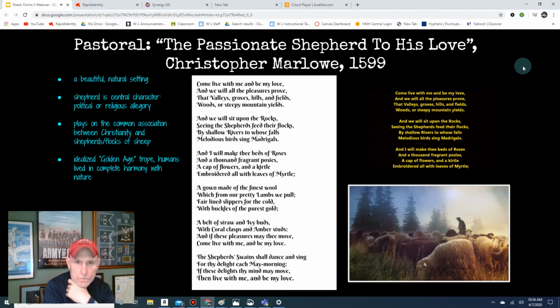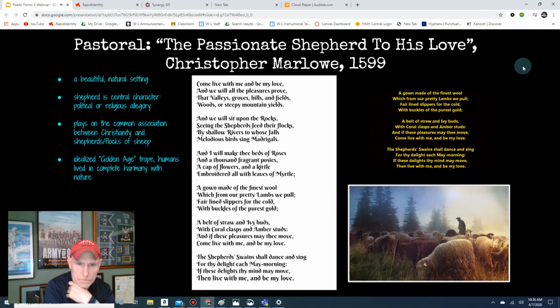a kirtle, embroidered all with leaves of myrtle, a gown made of the finest wool, which from our pretty lambs we pull, fair lined slippers for the cold, with buckles of the purest gold, a belt of straw and ivy buds, with coral clasps and amber studs.